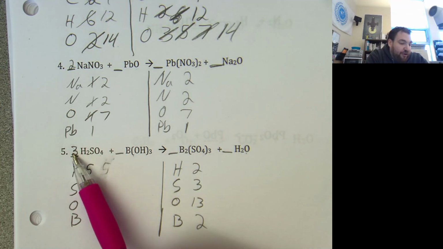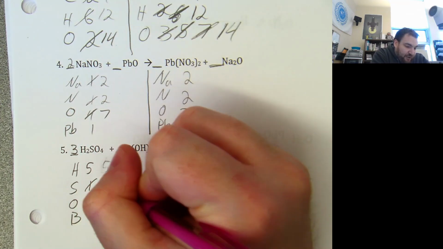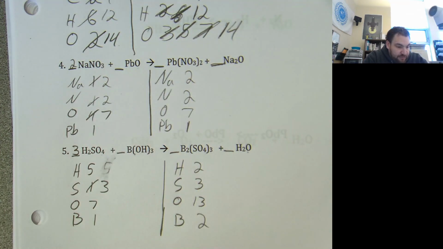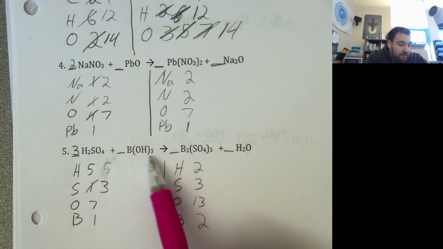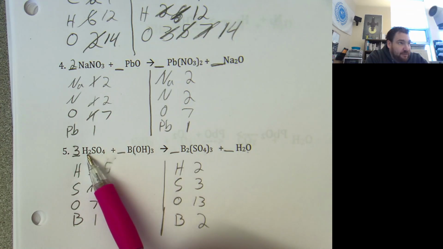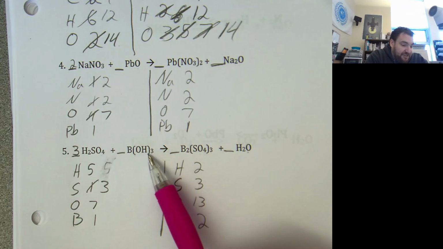Putting a 3 over here is going to give me 3 sulfurs, but what else is it going to do? Yeah, it's changing H and it's changing O. So how many H's do I have now? 3 times 2 is 6, plus the 3 coming over here is 9.